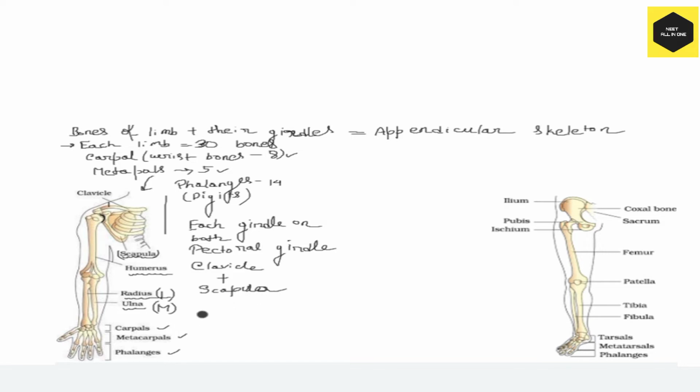Now what is the scapula? See this bone that you can find at the back, this is known as your scapula. This is a triangular bone present on the dorsal part.